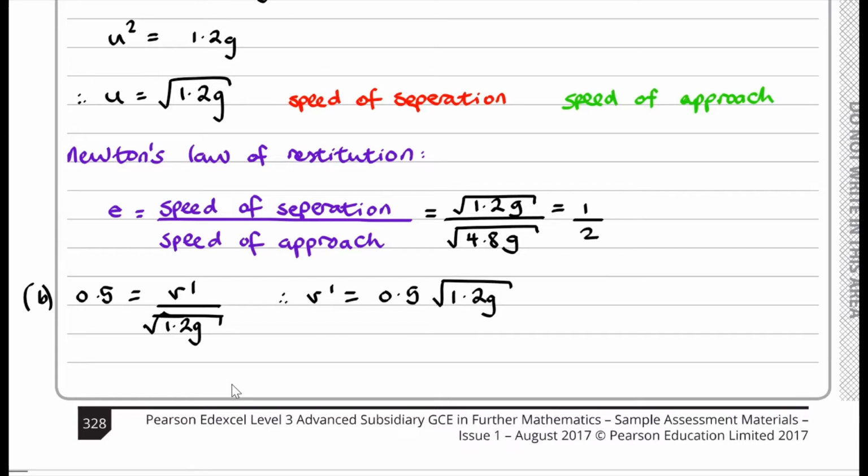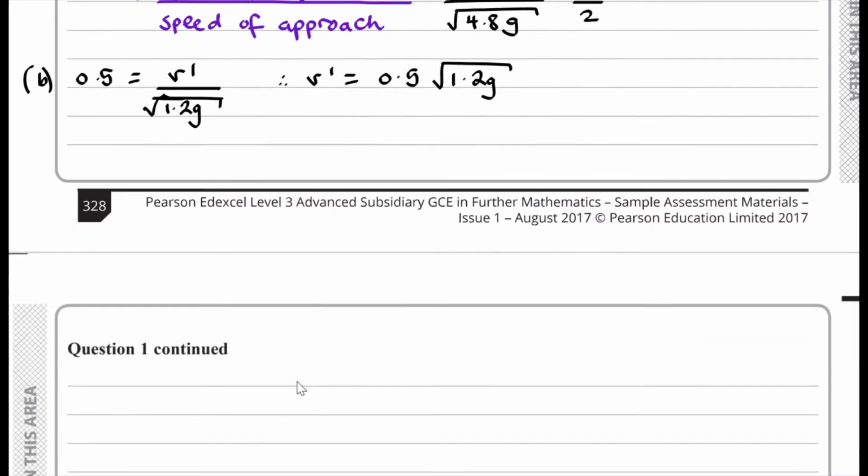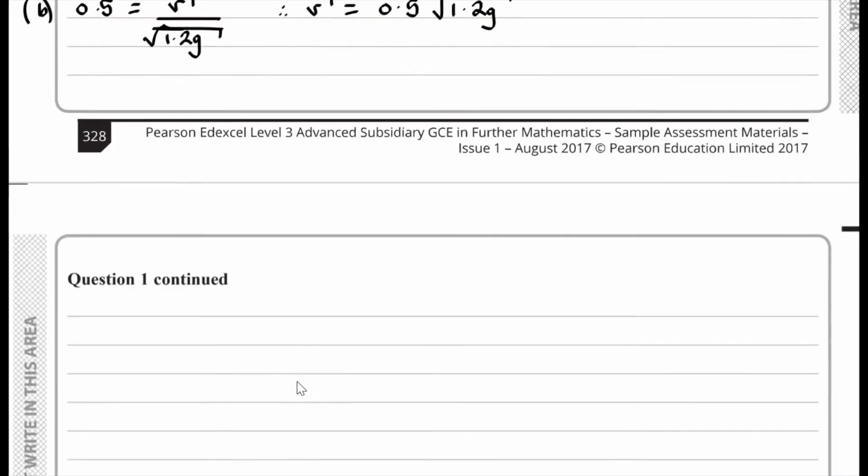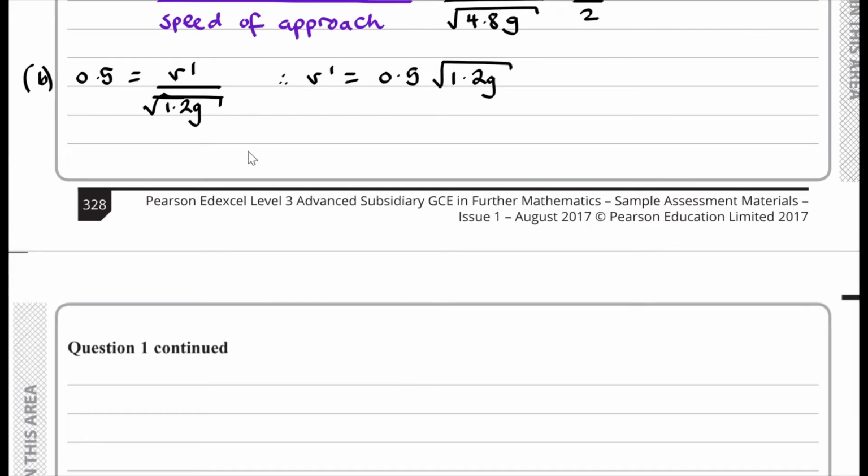And now if we use v squared equals u squared plus 2as, obviously when it goes back up we have the final speed of 0 squared, and this is equal to this initial speed. So we have 0.5 times the square root of 1.2g, squared, and then because we're taking downwards as positive for gravity, we have minus 2gh.